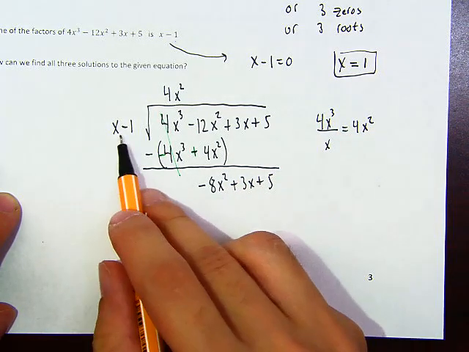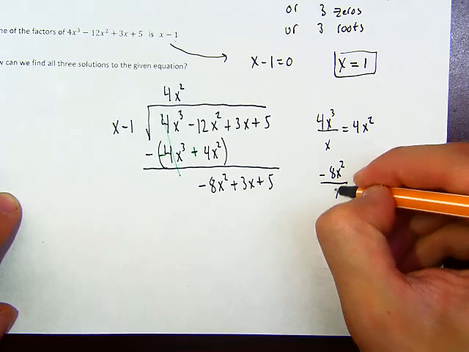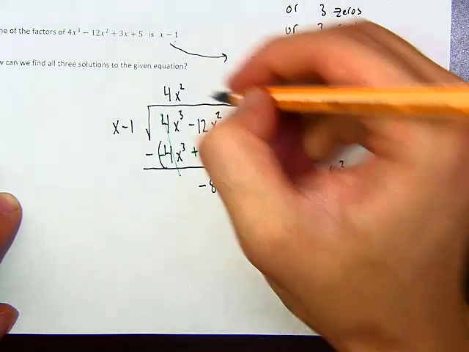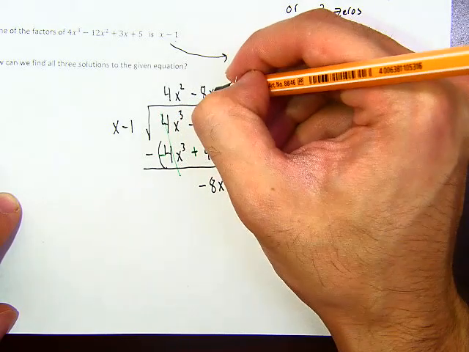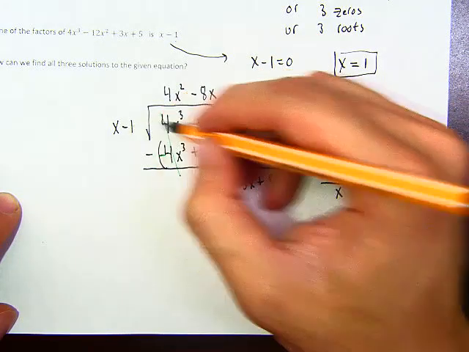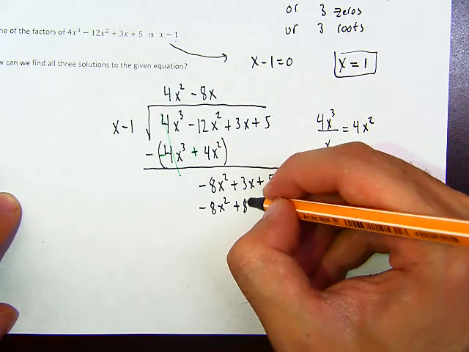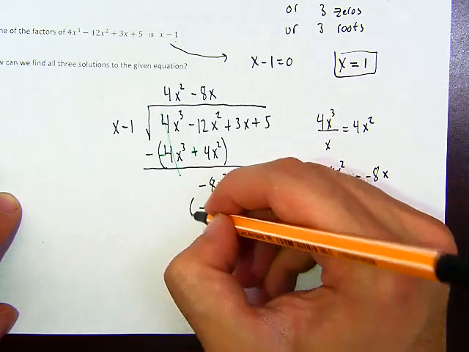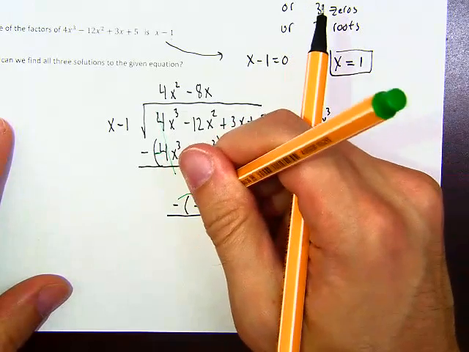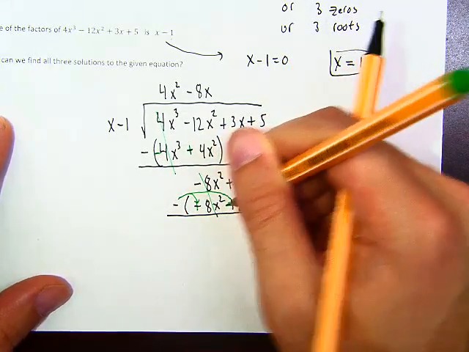And then what do you ask yourself? How many times does x go into this? Negative 8x squared over x is negative 8x. So negative 8x goes on top, and multiplying gives negative 8x squared plus 8x, and then I subtract. Distribute the negative, so this becomes positive, this cancels, and this becomes negative.